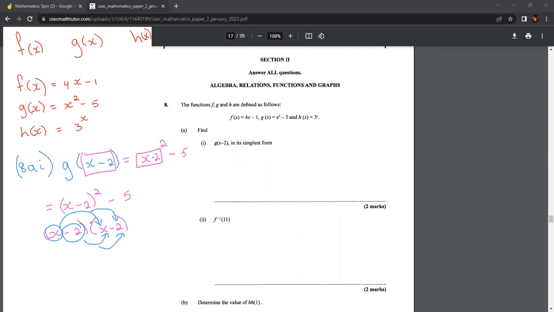So you'll say x times x, that's x squared. X times negative 2, that's negative 2x. Negative 2 by x, that's negative 2x. And then negative 2 by negative 2, that will become positive 4. So I could simplify these.